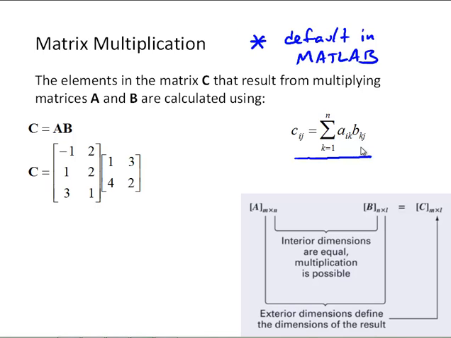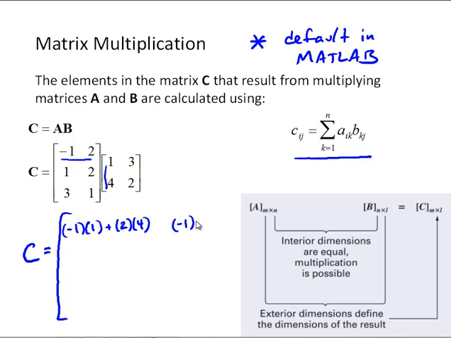So if C is equal to A times B, what we do is we go across the rows and down the columns. So it would be -1 times 1 plus 2 times 4, and that would be in the first row, first column, and then -1 times 3 plus 2 times 2. That would be in the first row, second column.